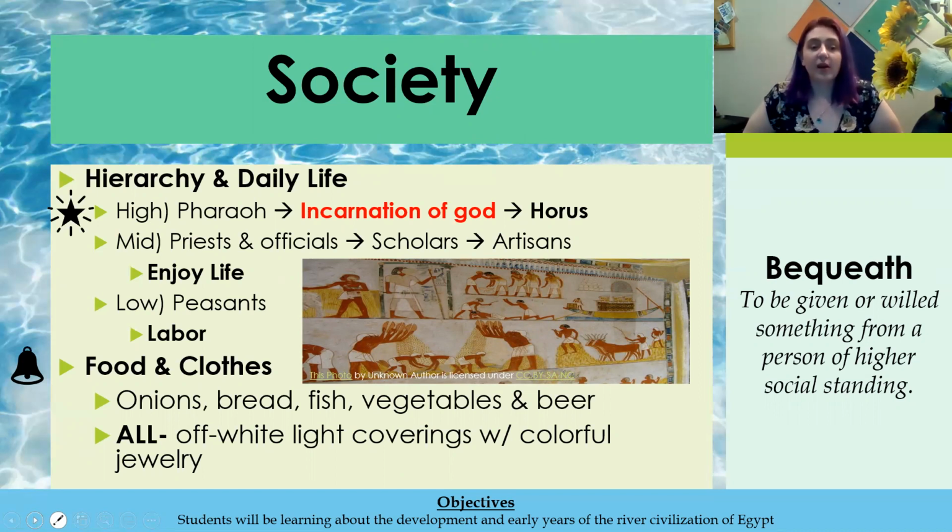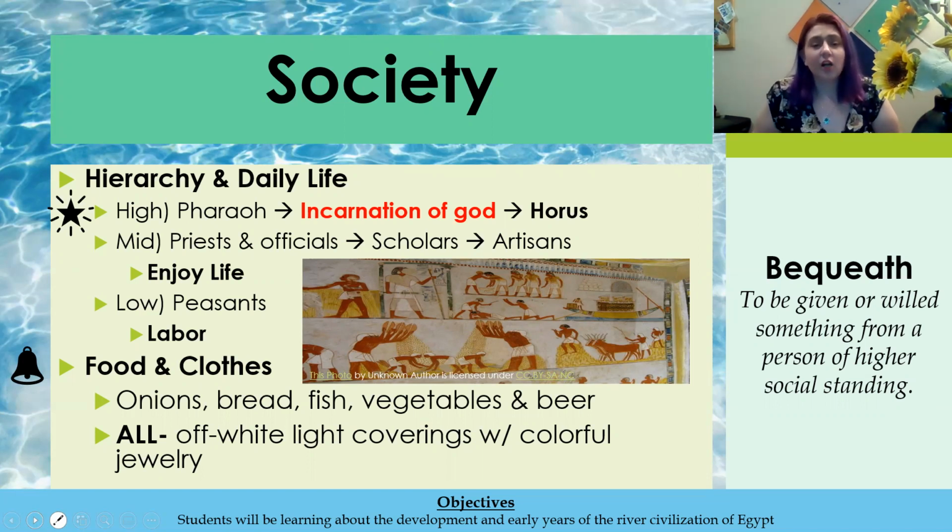Below the pharaoh are the priests and officials, who are often part of the royal family, as well as scholars who would write as scribes, tax collectors, and people who would take notes on other important chronological things of the time. Then, in the middle class, you have artisans and merchants who took care of the flow of trade, as well as the development of these beautiful sculptures and art pieces.